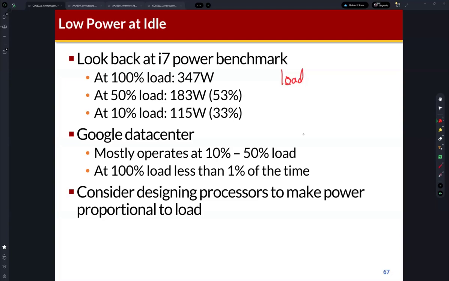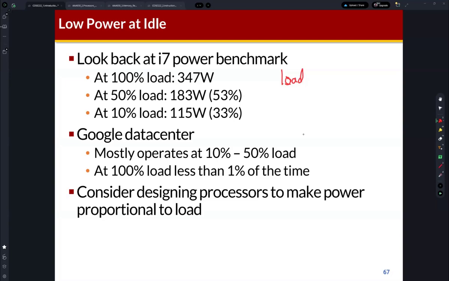Then you can monitor the CPU load. CPU load just exhibits the amount of workload compared to the maximum workload that can be run by the CPU.